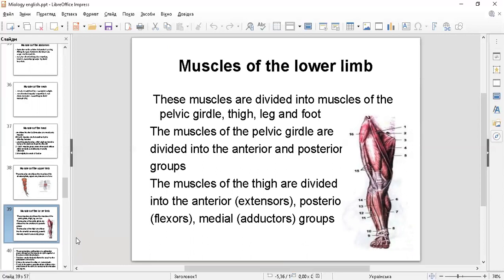The muscles of the thigh are divided into the anterior extensors, posterior flexors, and medial adductors groups.